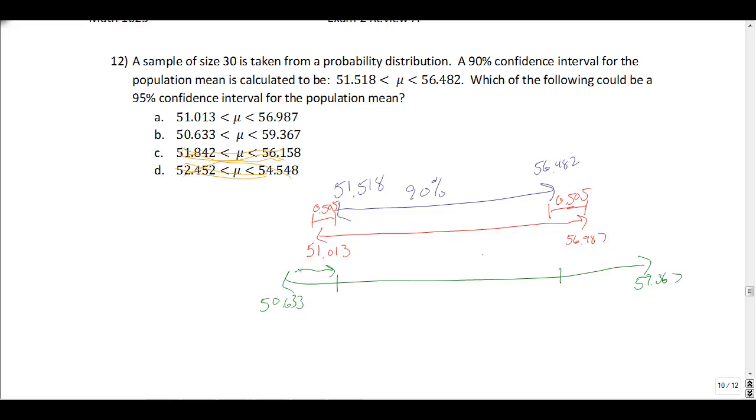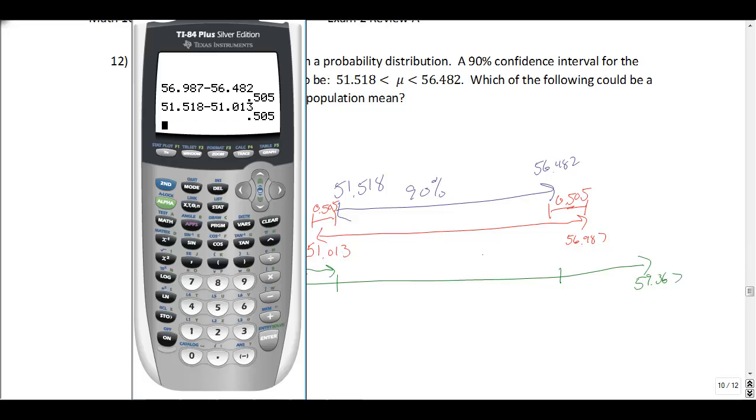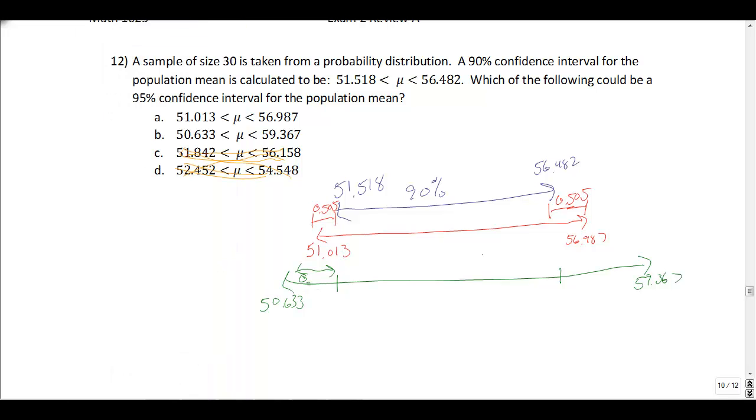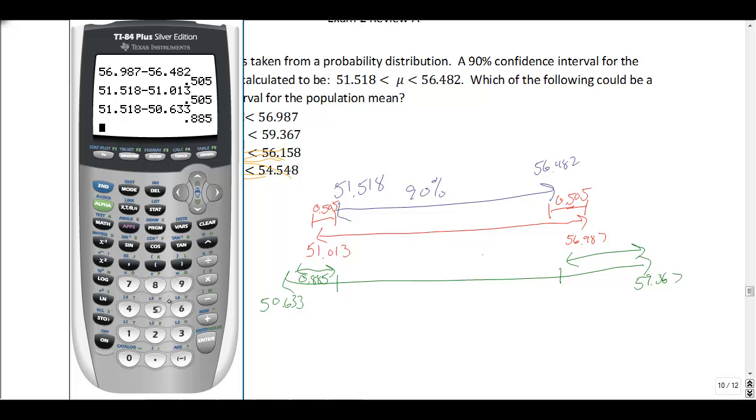This distance here is 51.518 minus 50.633, which gives 0.885. The question is, do I get the same distance on the other side? It looks like probably not.